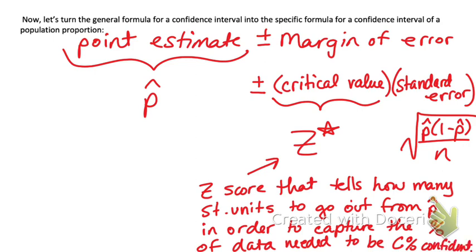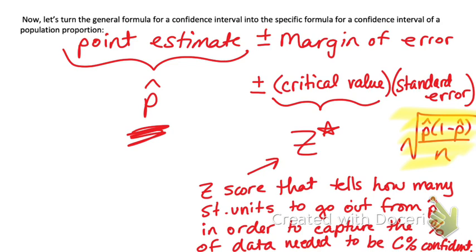So basically, z-star is a multiplier. It tells us how many of these standard errors we're going to go from the p hat estimate that's in the middle, so that we can capture the percent of data that we're looking for in order to have that level of confidence. We'll talk more about that in our next video, but for now, just know that z-star is a z-score that is associated with how confident we want to be.